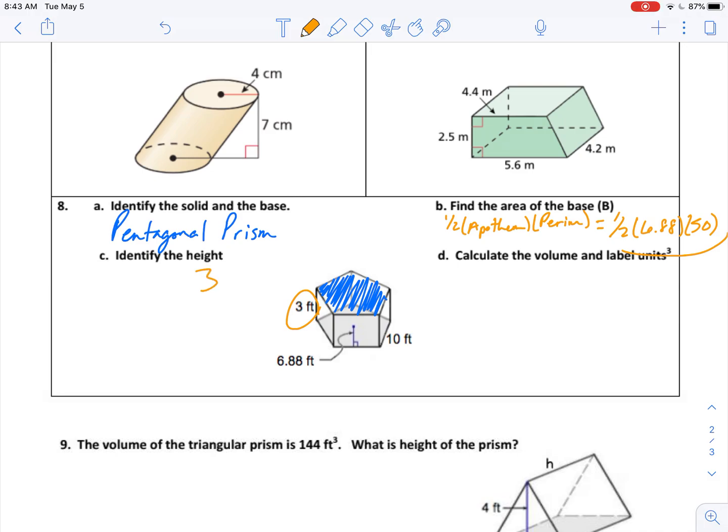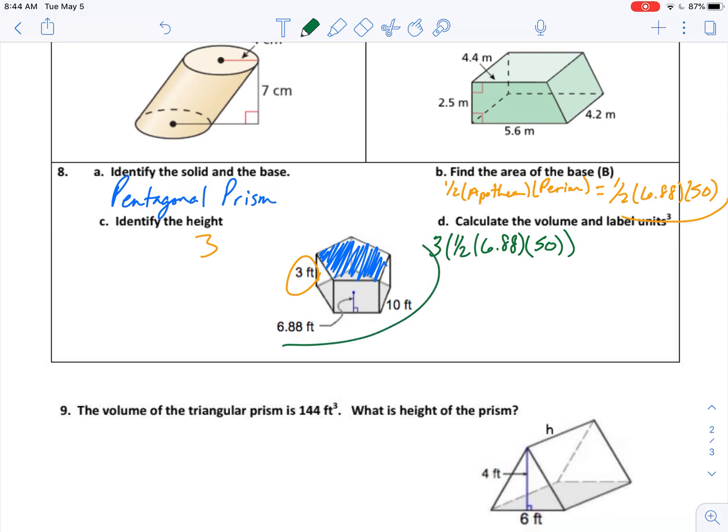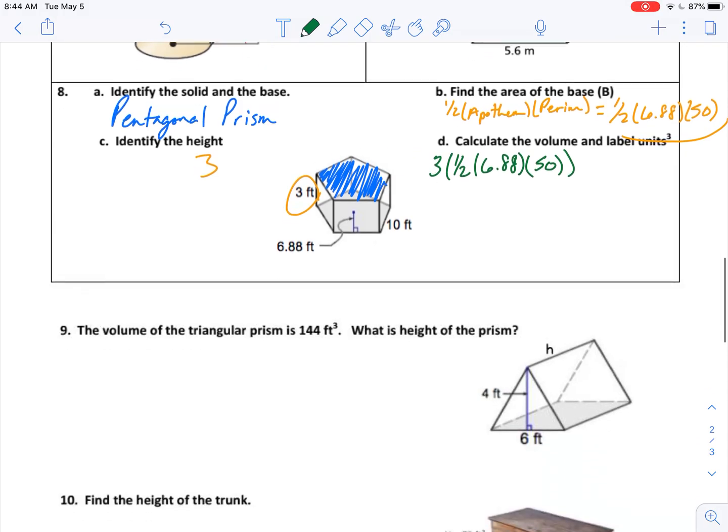So the height is 3. Then my final volume is going to be 3 times 1/2 apothem perimeter. I'm going to put a video up here on how to find the apothem.